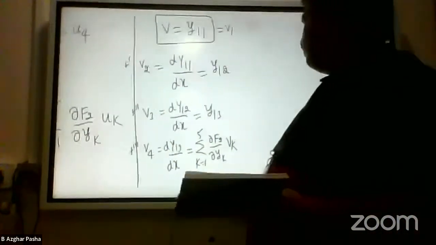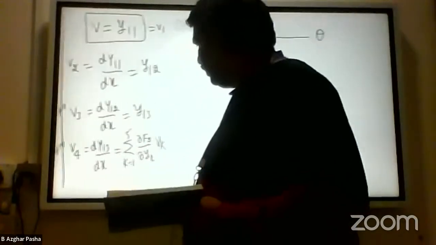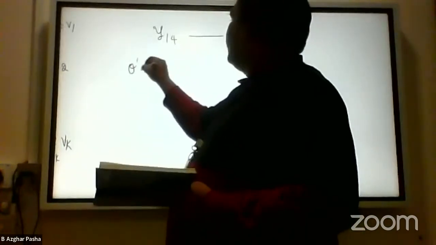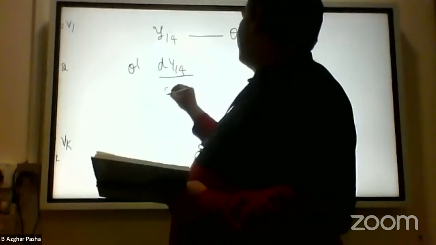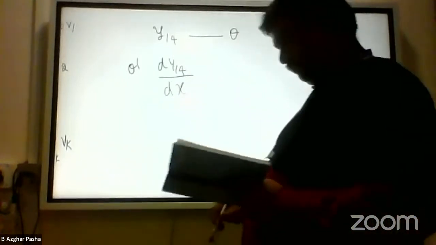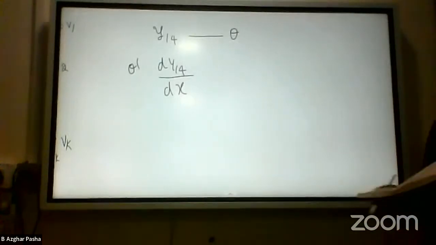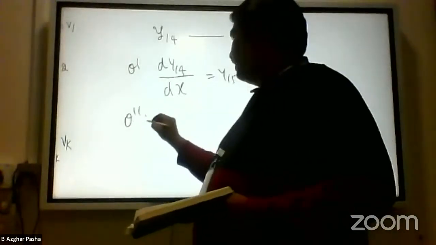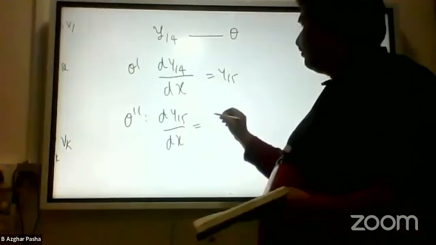Y13, till Y13, next Y14 for theta dash, dY14 divided by dx, and finally the last equation, call it Y15, the final equation, theta double dash, dY15 by dx corresponding to F2.